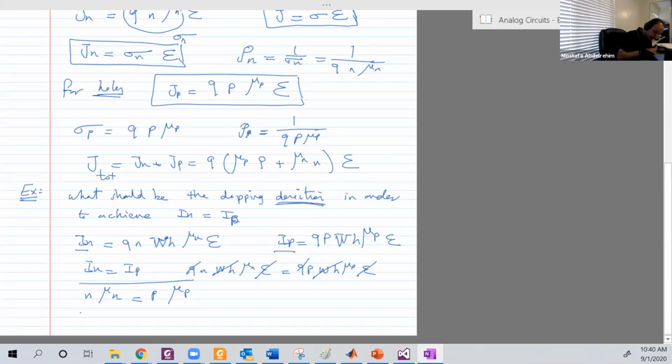What will control our density, because we want equal currents? We want to be sure that n mu n equals p mu p. Mu n is constant, mu p is constant. So n should be p mu p over mu n.